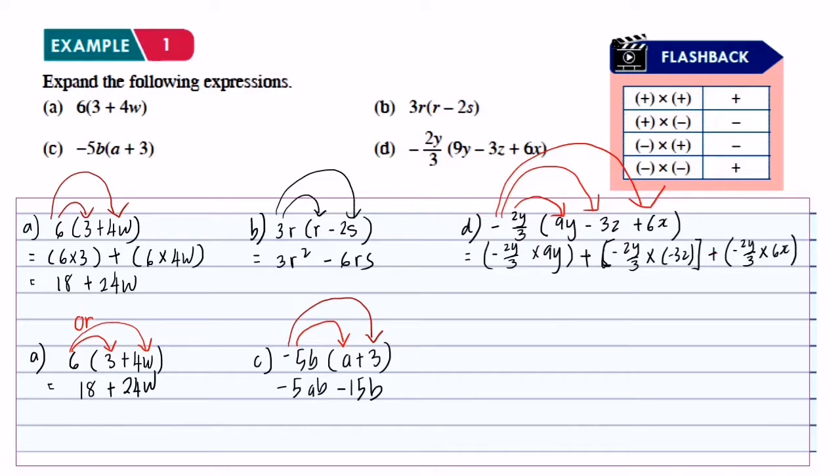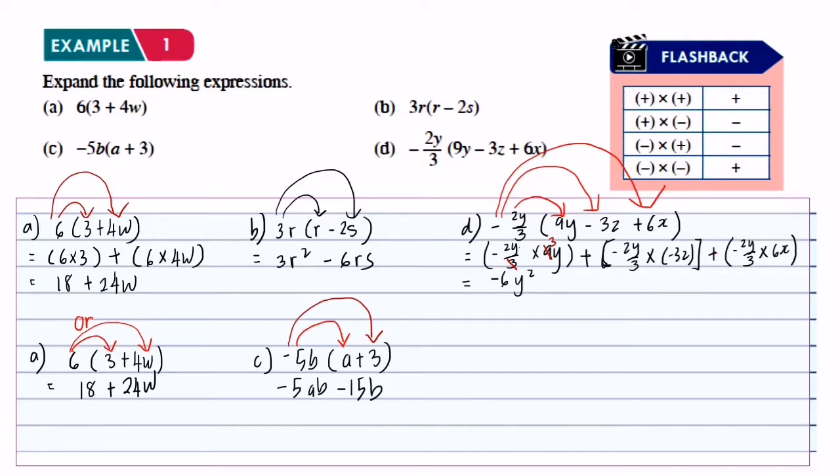Okay, we simplify it. 3 and 9 is 3, because 9 divided by 3 is equals 3. Okay, so negative 2 times 3 is equals negative 6. And y times y equals y squared.